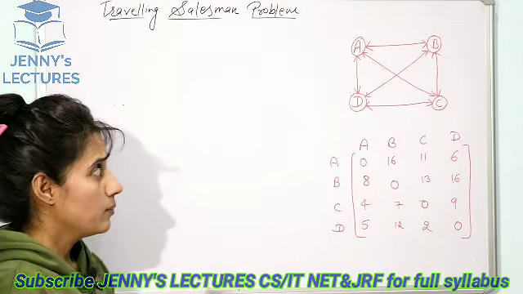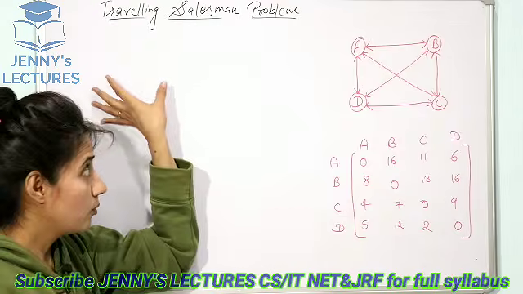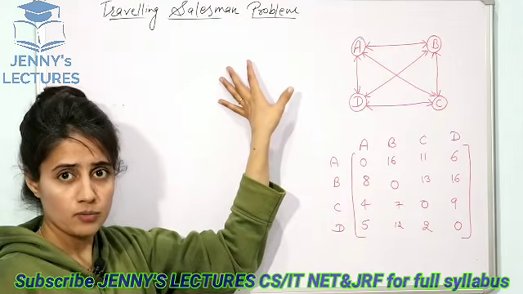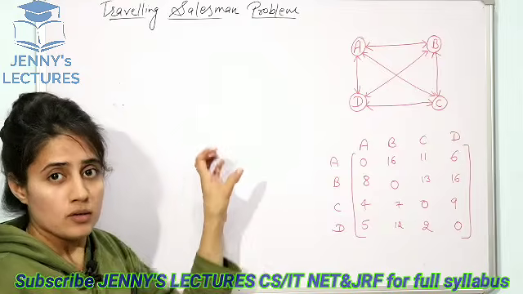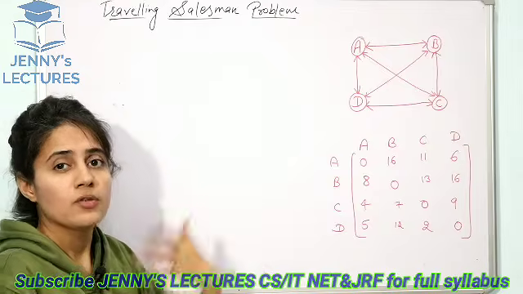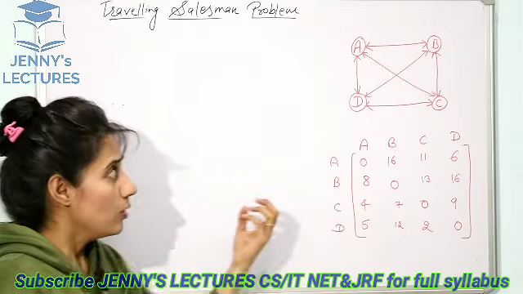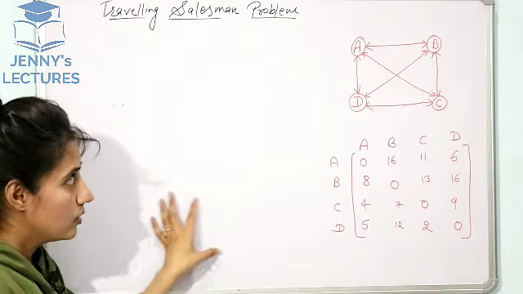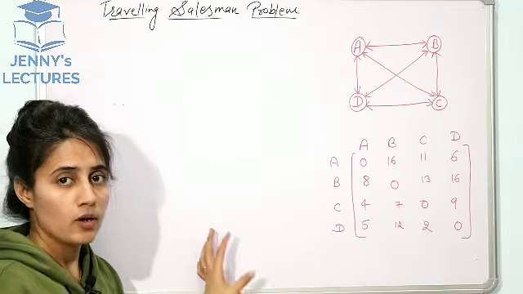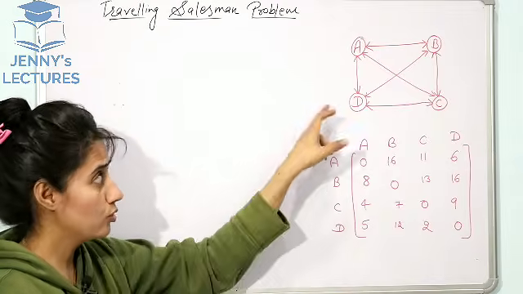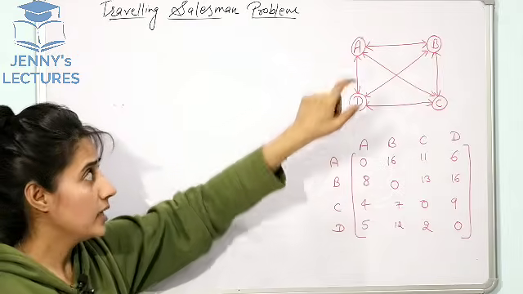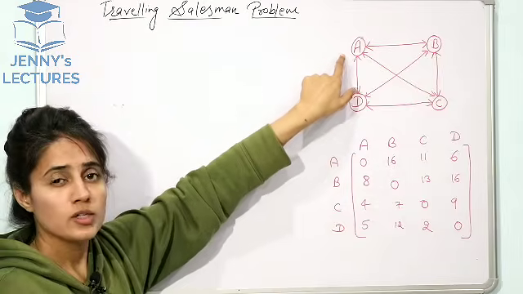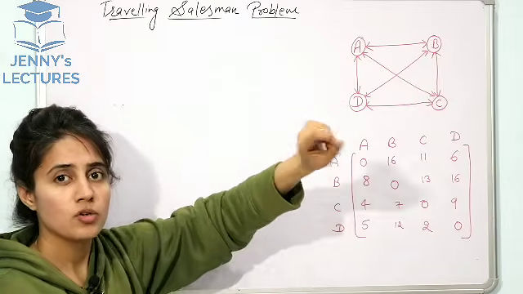Now first of all, I am not writing the formula directly. I will tell you how to derive that formula. So first I will draw a tree to find the possible solutions of this problem. We are taking A as the source vertex, or home city, of the salesman.